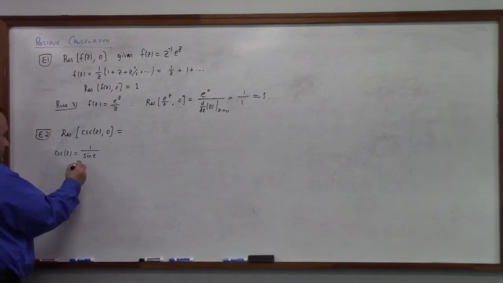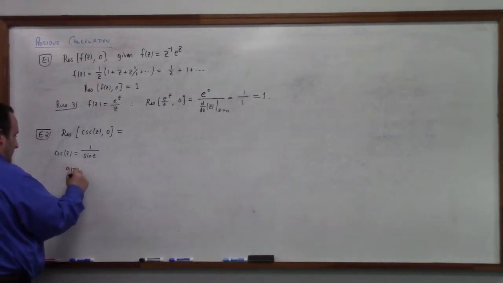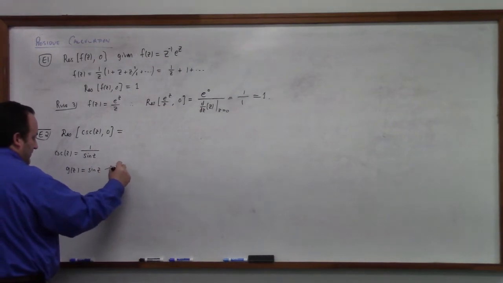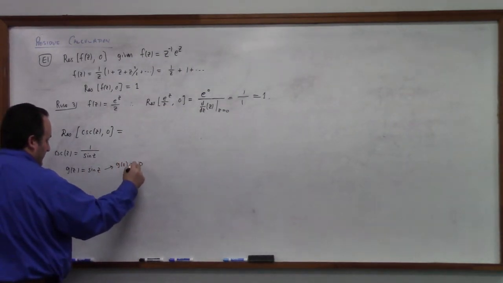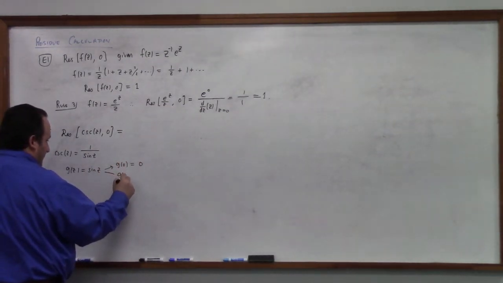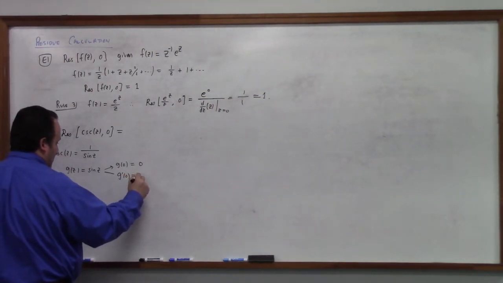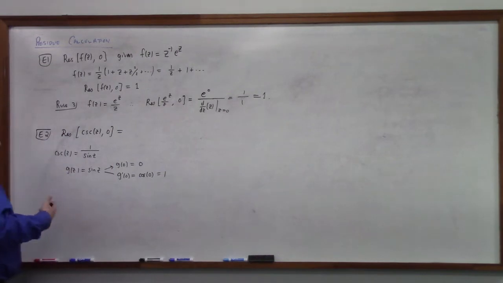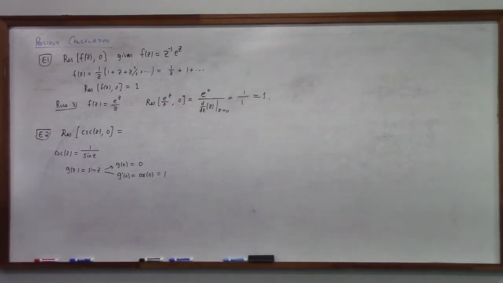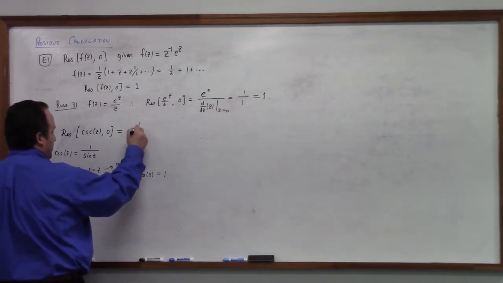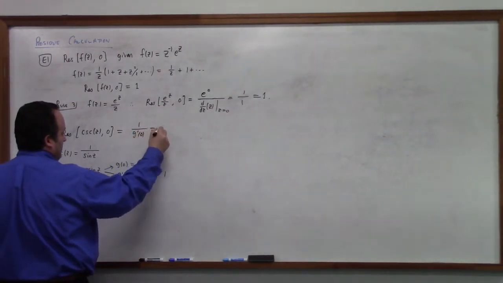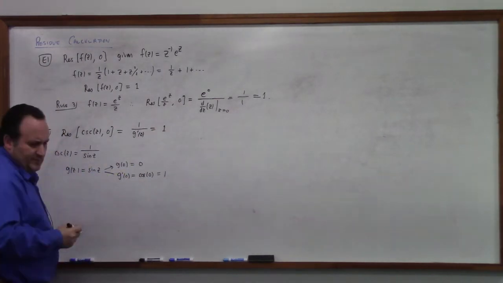So notice that we have g of z equal to sine z has g of 0 equal to 0, and g prime of 0 equal to cosine of 0, right? Which is 1, which shows you that 0 is a simple 0 of sine. So by rule 4, this was 1 over g prime of 0, which is 1. Is everything 1 here?